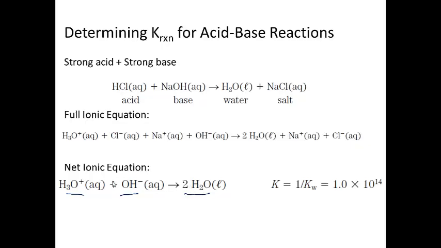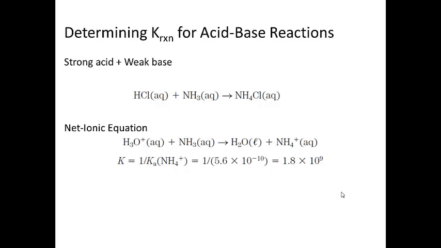So because it's the reverse of that, the K value for this is 1 over Kw, because Kw would be the equilibrium constant for 2 waters going to make hydronium and hydroxide. Because we have the reverse of that, it's 1 over Kw, so that reaction has a K value of 10 to the positive 14th. So it's very highly favored. The reaction essentially goes to completion to the products.